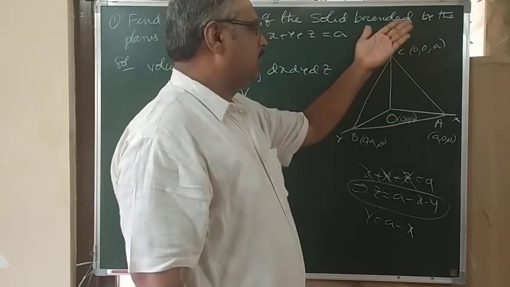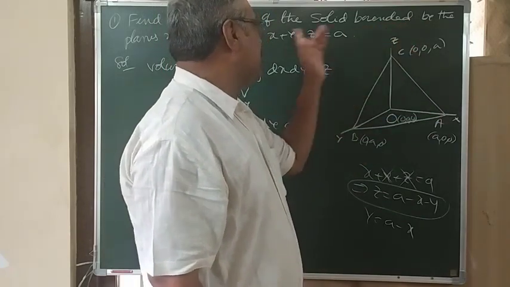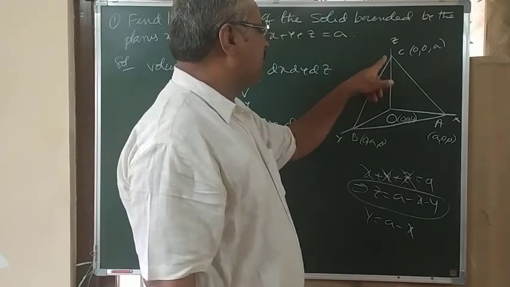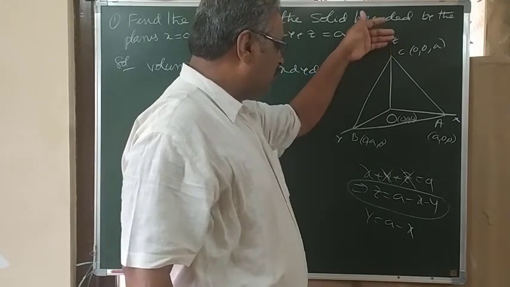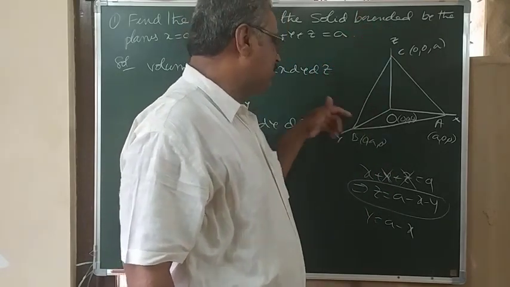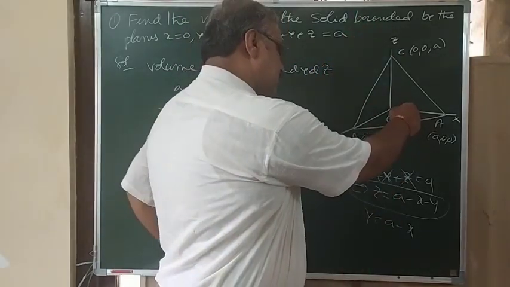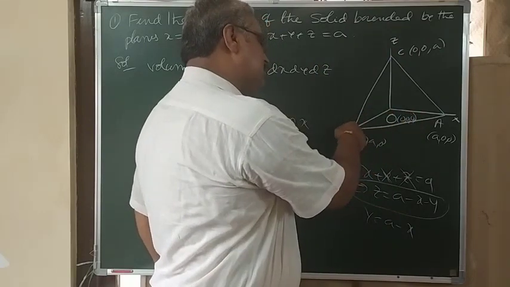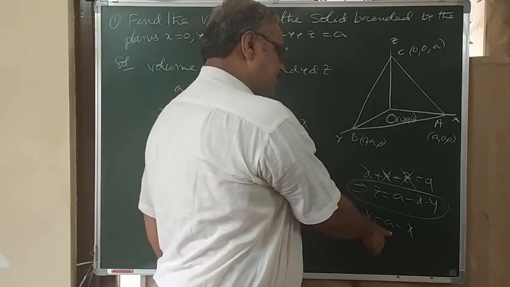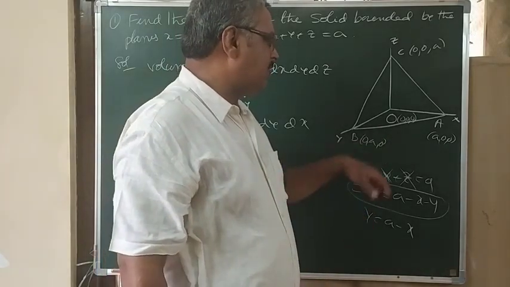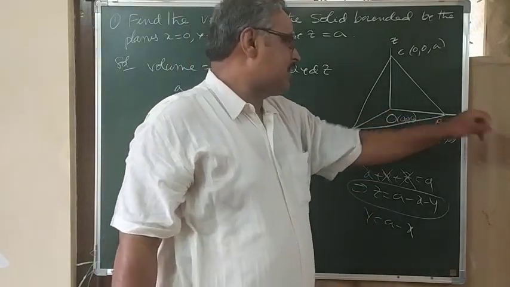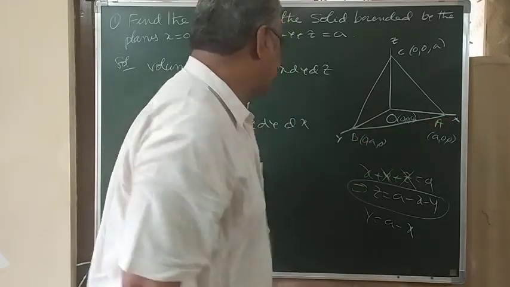The plane is x plus y plus z, and from this, z equals a minus x minus y. Now for finding the y limits, observe the projection region in the xy plane along the y-axis, from this line to this line. This line to this line is a minus x. After finding the limits of y, now observe along the x-axis, x is 0 to a.